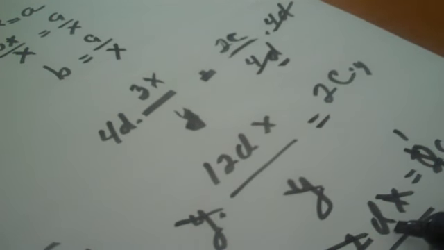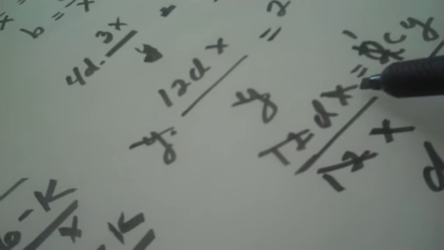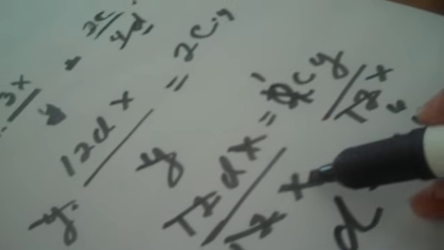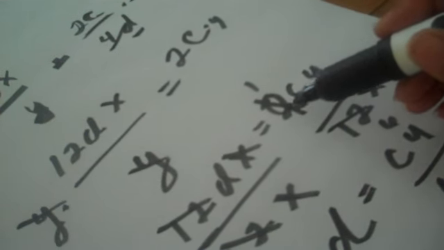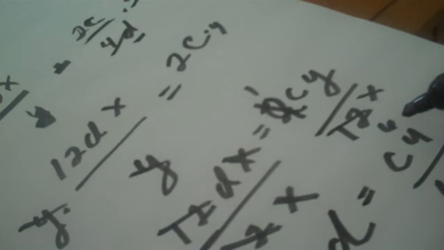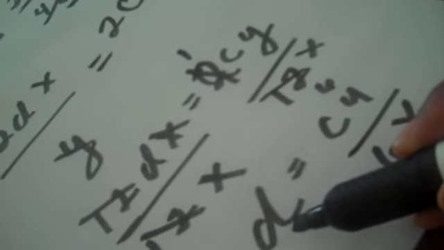Now, the coefficient of d is 12x. So we said, okay, divide both sides by 12x. The 12's divide out, the x's divide out on the left side, and on the right side, we can divide 2 and 12 by 2, so 2 goes into 2 one time, 2 goes into 12 6 times. That's the only thing we can divide out. So then we've got d left on the left side, and on the right side, we have cy over 6x.